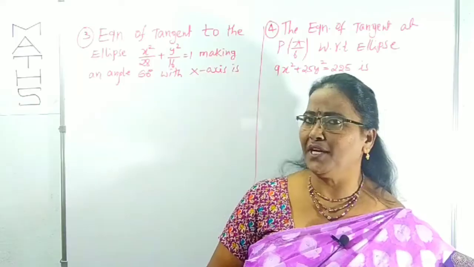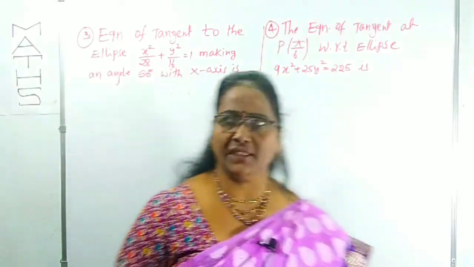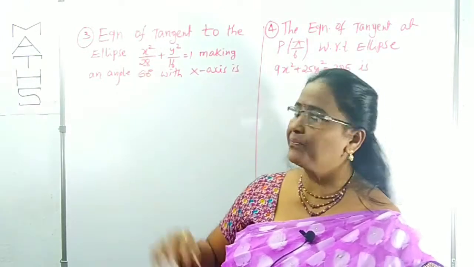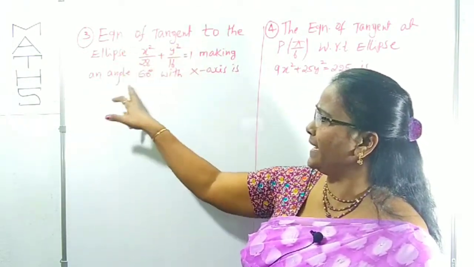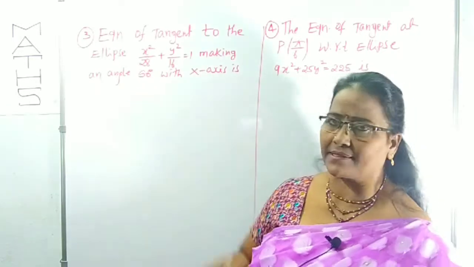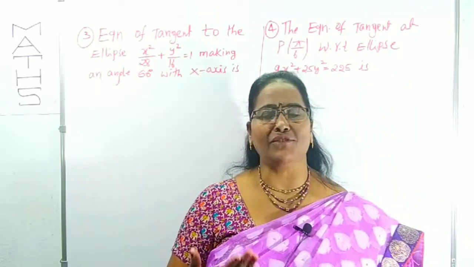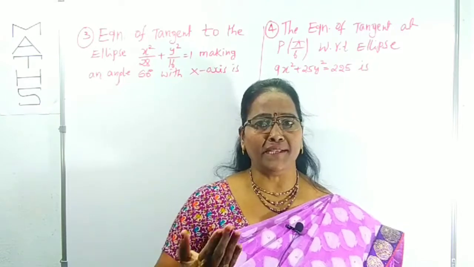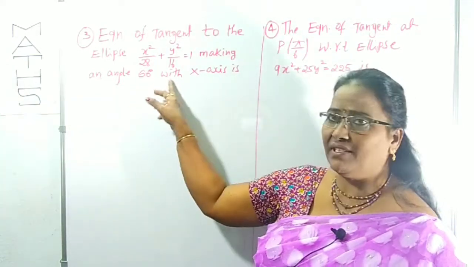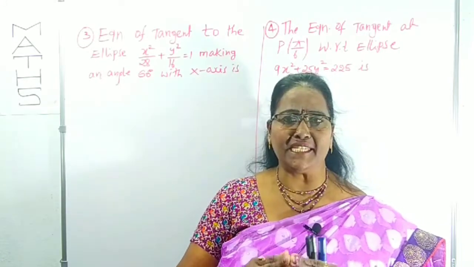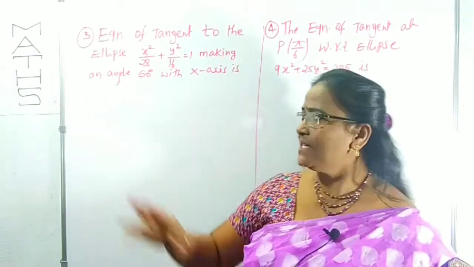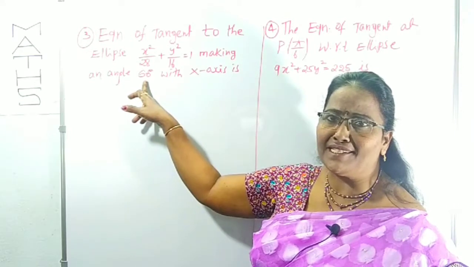Are you ready? Look at these two questions. Question number 3: equation of tangent to the ellipse making an angle 60 degrees with the x-axis. What is being asked? Equation of the tangent that makes an angle 60 degrees with the x-axis. Here we can use the equation of tangent in slope form, because the angle of inclination of the tangent is given.